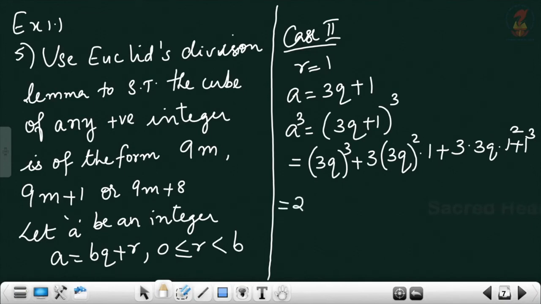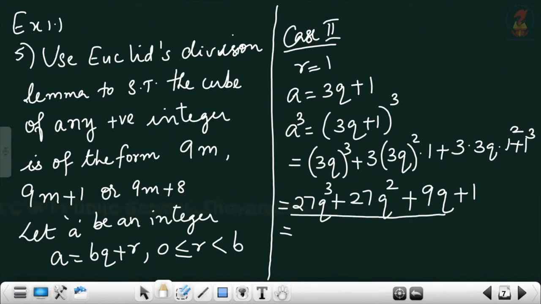So, this is equal to 27q cube plus 27q square plus 9q plus 1. From the first 3 terms, we can take out 9.